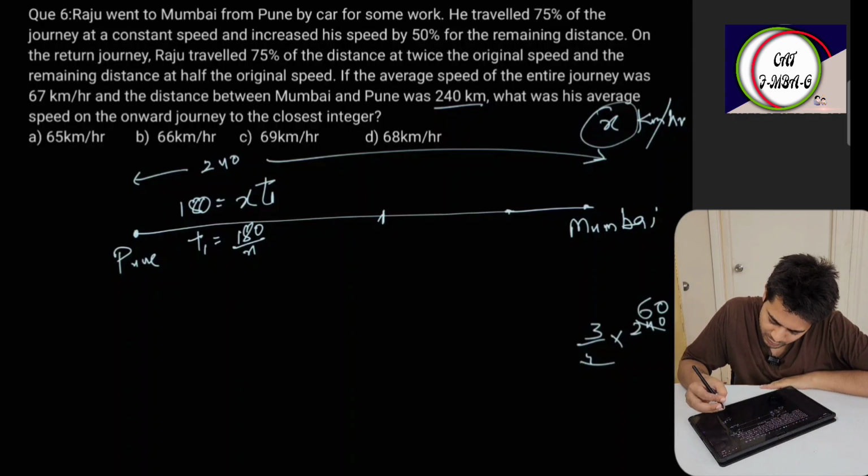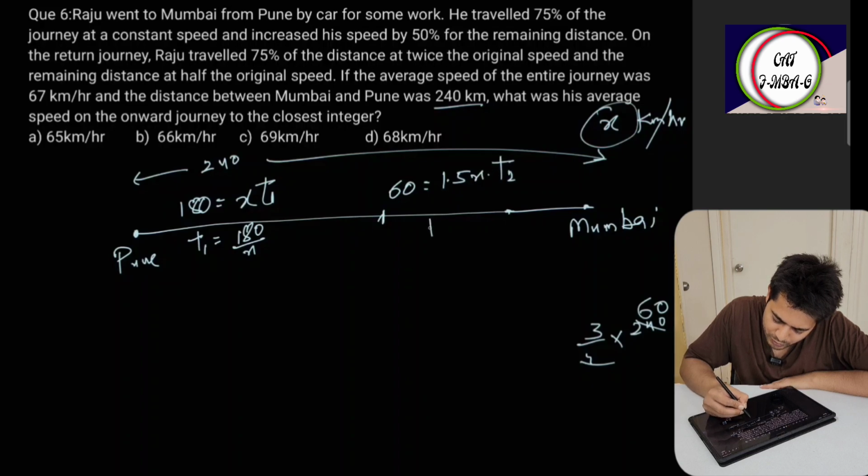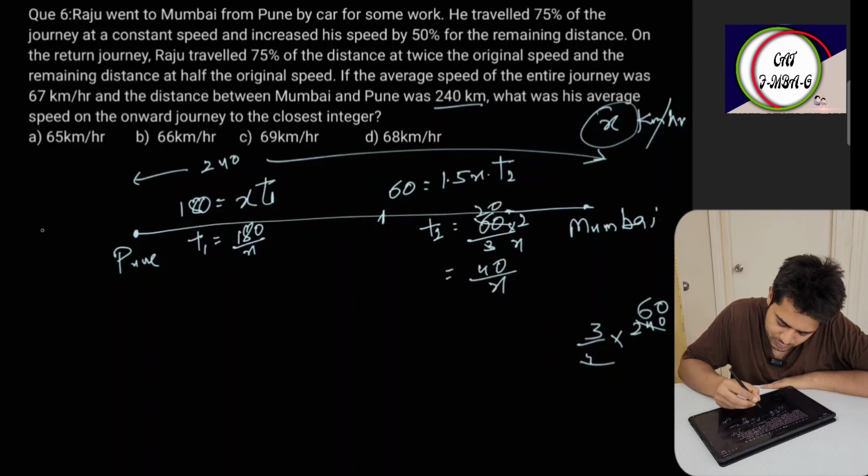Now how many kilometers are left? Only 60 kilometers. And he increases the speed by 50% for the remaining distance. So for the remaining distance, 60 is equal to 1.5 times x into t2. So t2 is equal to 60 by 1.5x, which is 40 by x.